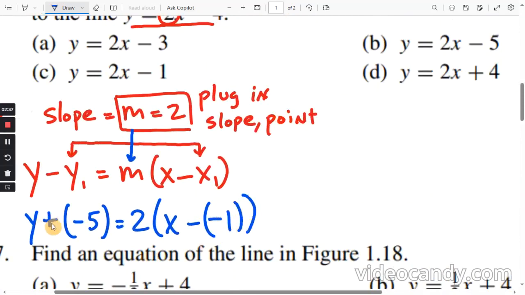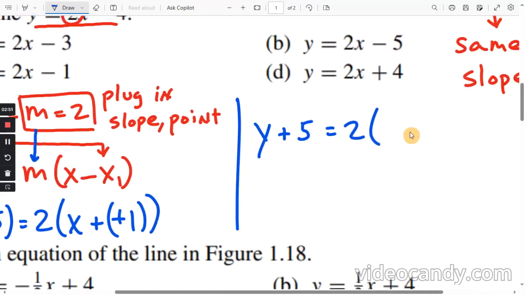All right, the two negatives make it positive. The two negatives here make it positive. So we have y plus 5 equals 2 times x plus 1. All right, we can see in their choices that they're all y equals. So we need to solve for y. I'm going to do -5 on both sides. Cancels here.